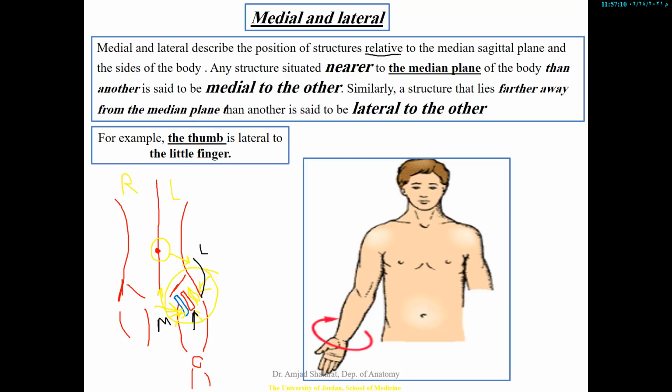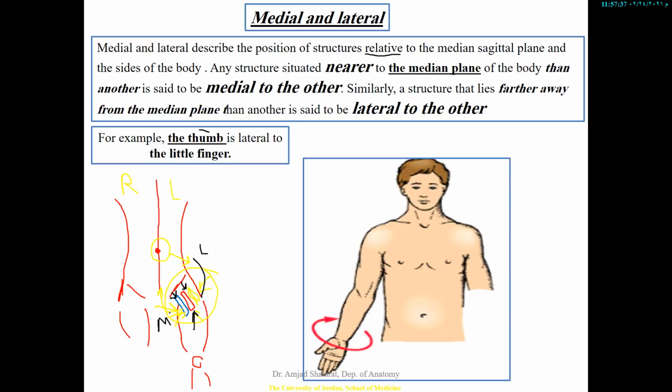We are talking about medial to what, lateral to what. And this example is clear. The vein here is medial. Medial to what? Medial to the artery and medial to the nerve. And the nerve is lateral to both of them.